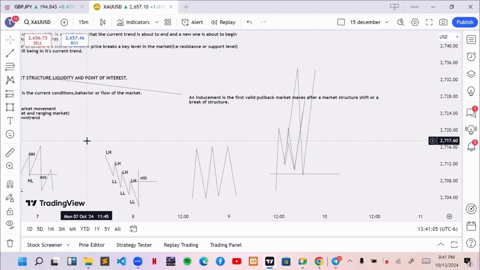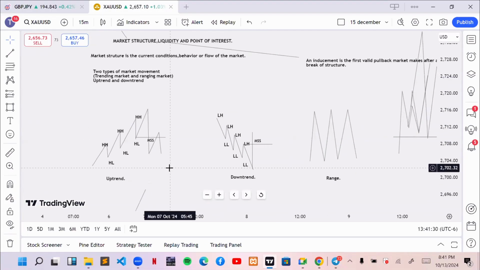The inducement is inducing early traders to think, okay, the market is going to reverse from here. This is where I'm going to start taking my trade from. They rush into the trade and eventually get stopped out. The market will still go in their direction, but it will hit their stop loss first. They have been used as liquidity. They were induced early into that trade. That is what inducement is. It's a trap, and that is what I use as my liquidity before my point of interest.